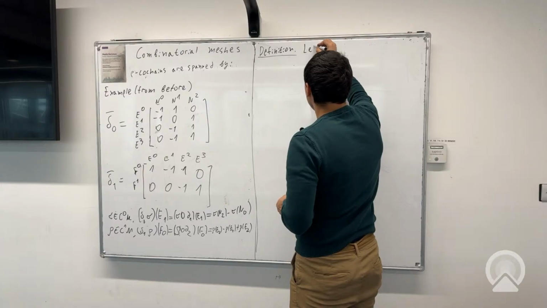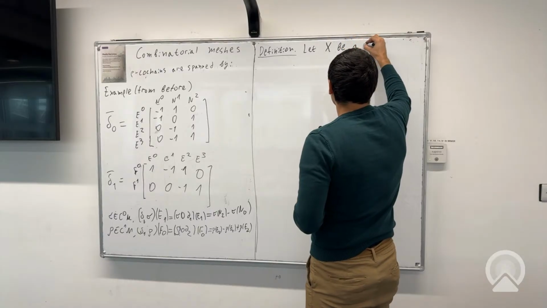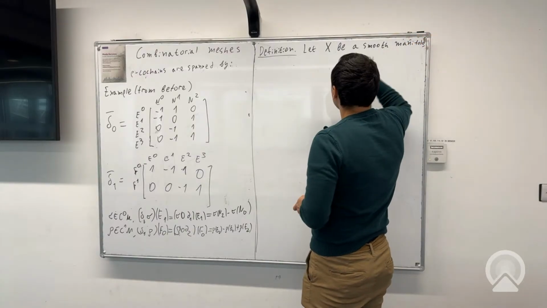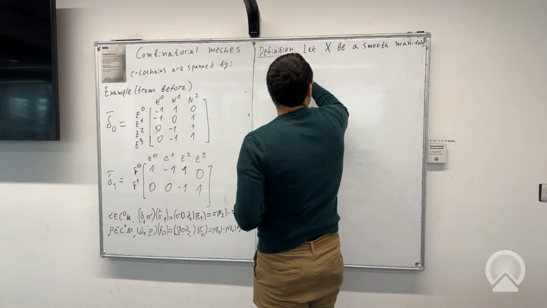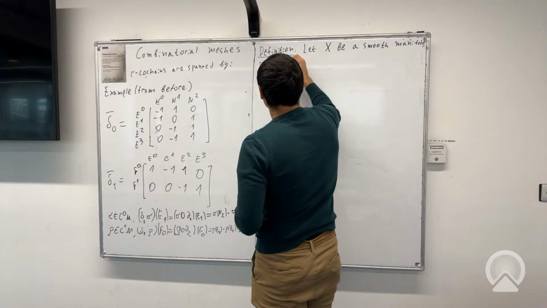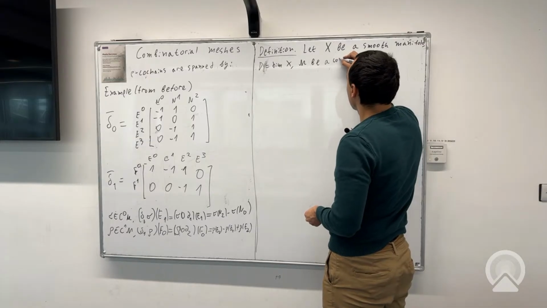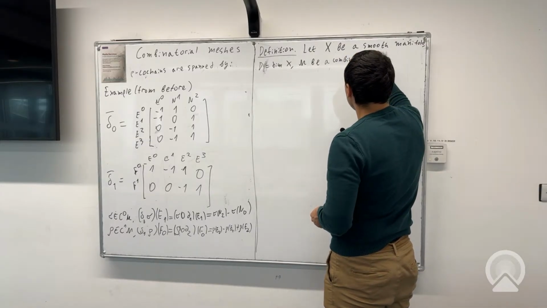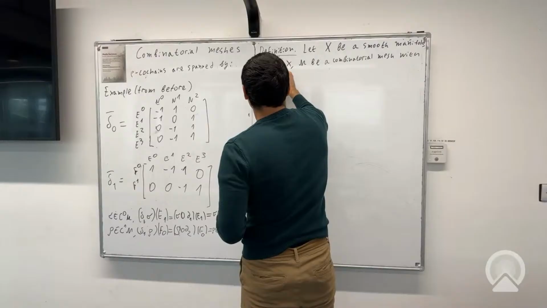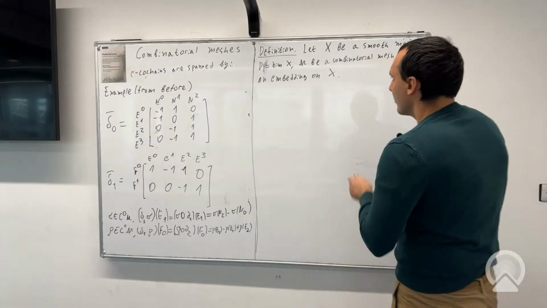So let X be a smooth manifold, D is the dimension of X, and M be a combinatorial mesh with embedding on X. So we fix some embedding.